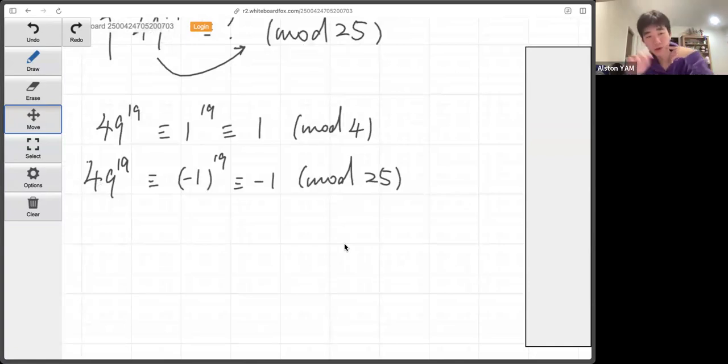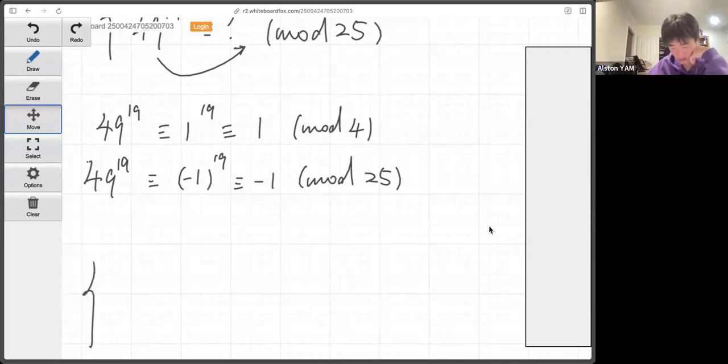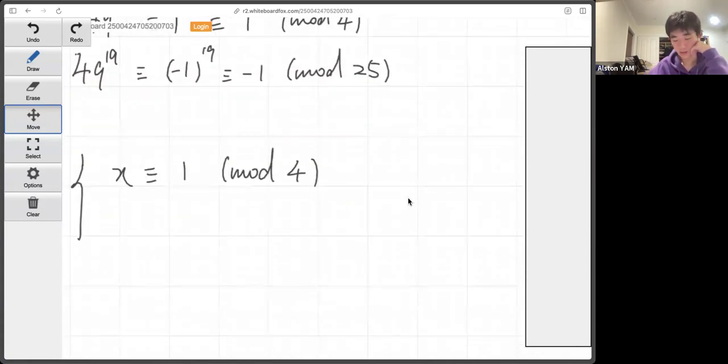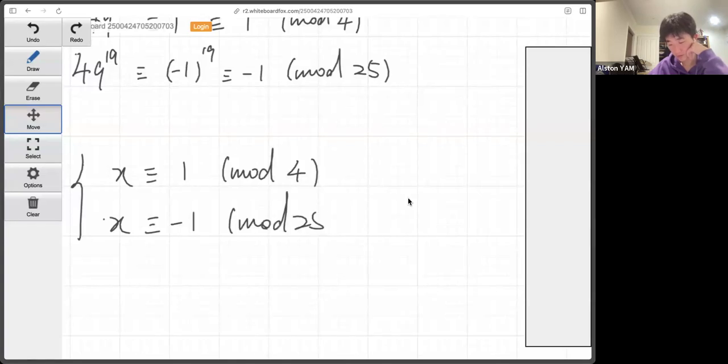Why is that? 49 is 1 away from 50, so that's negative 1 under mod 25. And then we have negative 1 to the power of 19, which gives you negative 1 under mod 25. In other words, we want to find X congruent to 1 under mod 4, and also X congruent to negative 1 under mod 25.